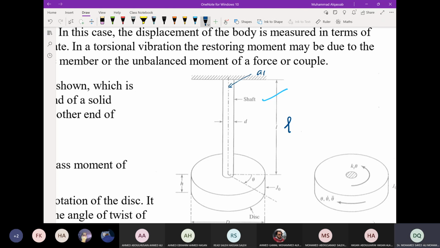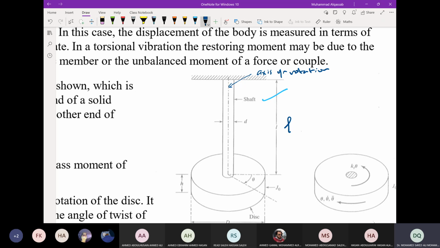This is the axis of rotation. There is no swinging here, no pendulum. The swinging can be in 2 directions, but this is all ignored. We have only twisting type of motion or rotation.